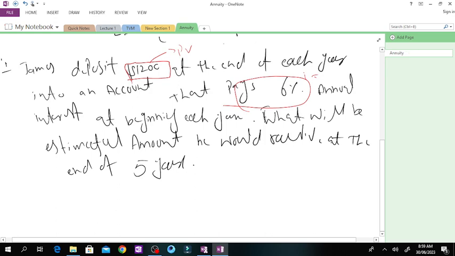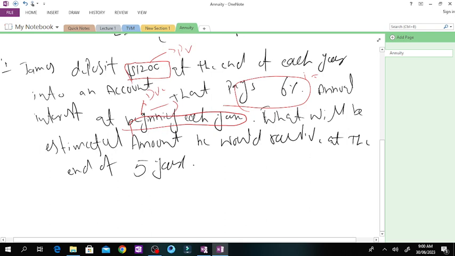They are saying that it pays 6% annual interest at the beginning of each year. When he is going to deposit, remember that we are talking about the cash outflow in that case. So when he is going to receive this amount at the beginning of each year, that means we have an annuity due case. Of course we have a due case.